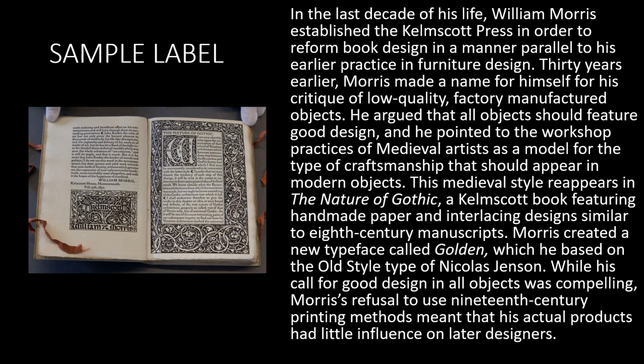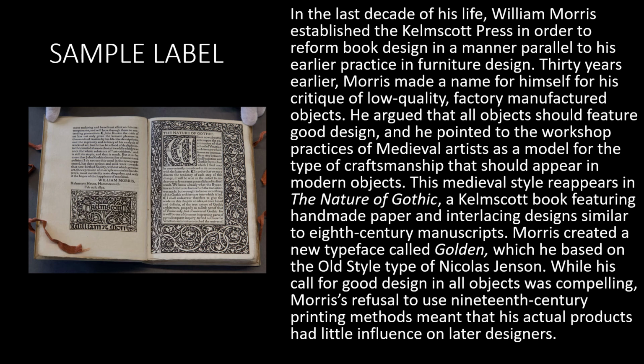The next sentence, 30 years earlier, Morris made a name for himself for his critique of low-quality factory manufactured objects. He argued that all objects should feature good design, and he pointed to the workshop practices of medieval artists as a model for the type of craftsmanship that should appear in modern objects. So my exhibition is all about the integration of historical styles into modern objects. And so you can see that coming out in that sentence.